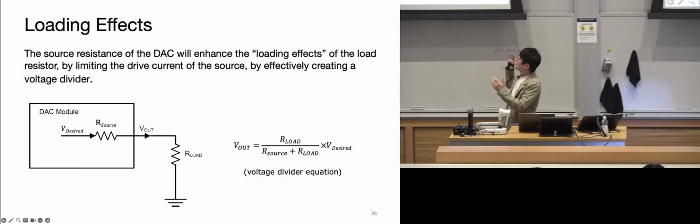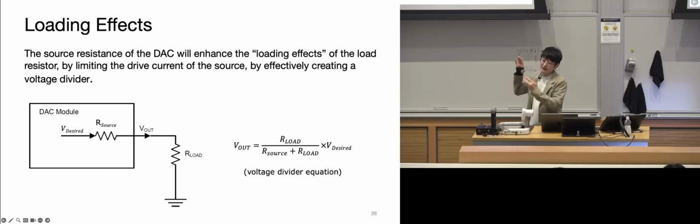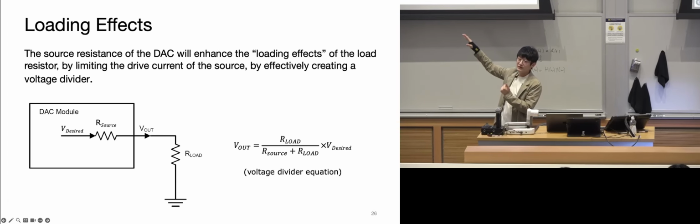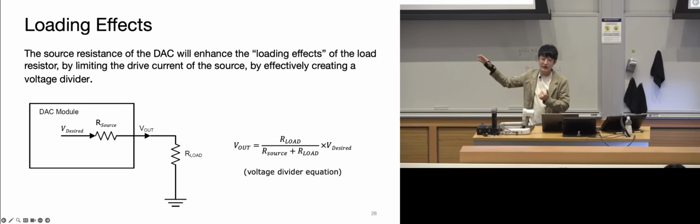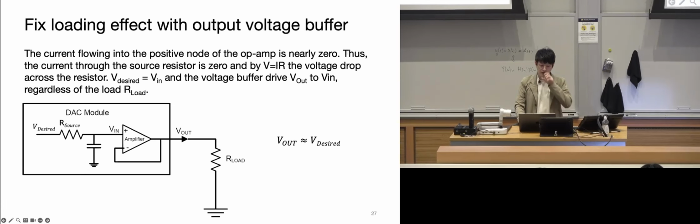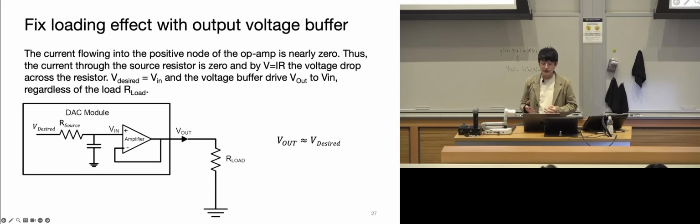So how do we make sure, or at least how do we reduce this effect, to try to push the V out to stay consistent, depending on the variance of the load that you might connect to the circuit? One of the easy ways, or a pretty standard way to do it, is to add an op amp.